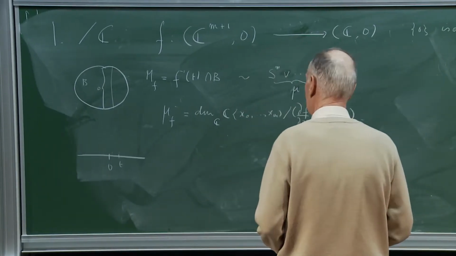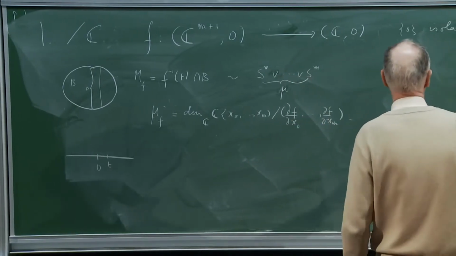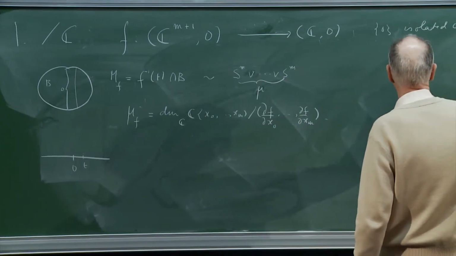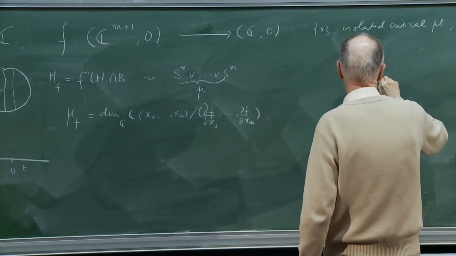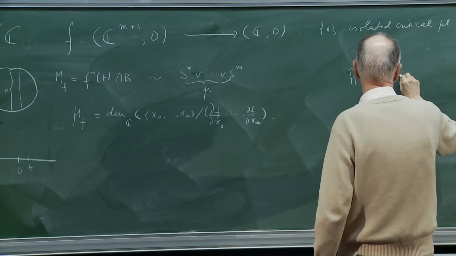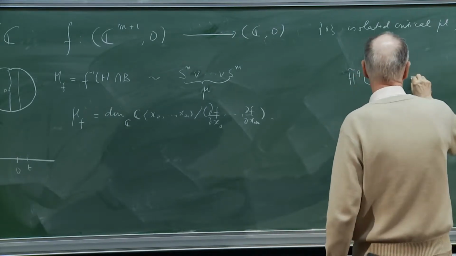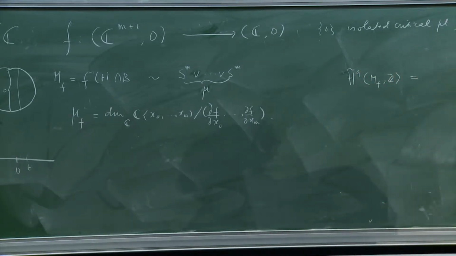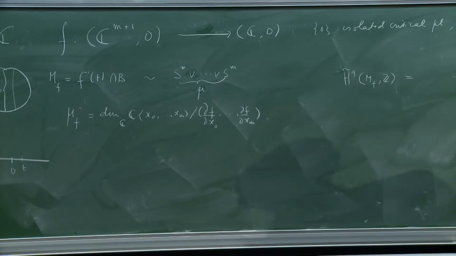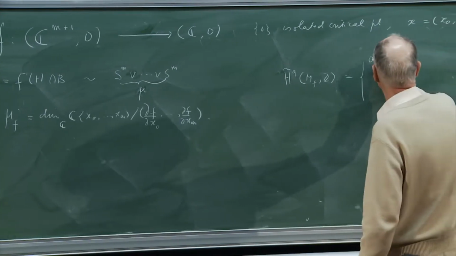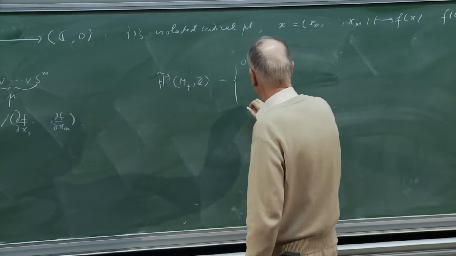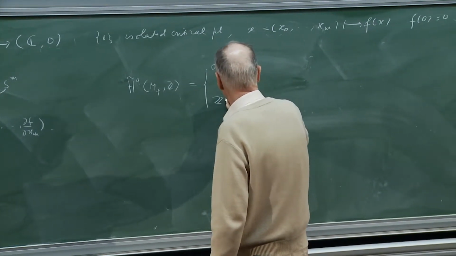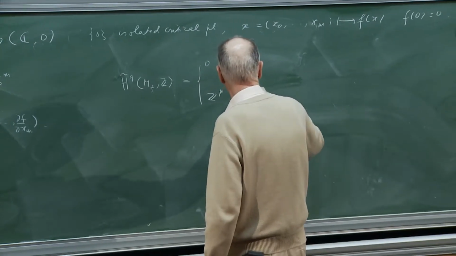So, if you consider the reduced cohomology of this Milnor fiber with coefficients in Z, where reduced cohomology means the cokernel of H^q of a point to H^q, this is 0 for q different from m, and it is Z^mu for q equal to m.